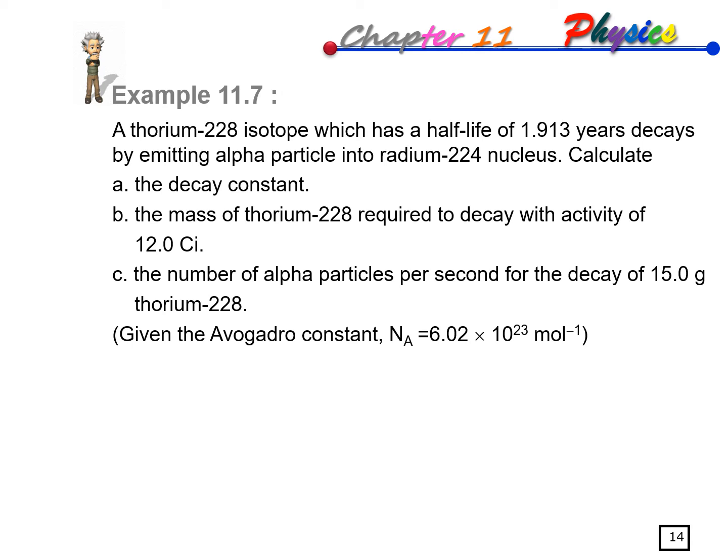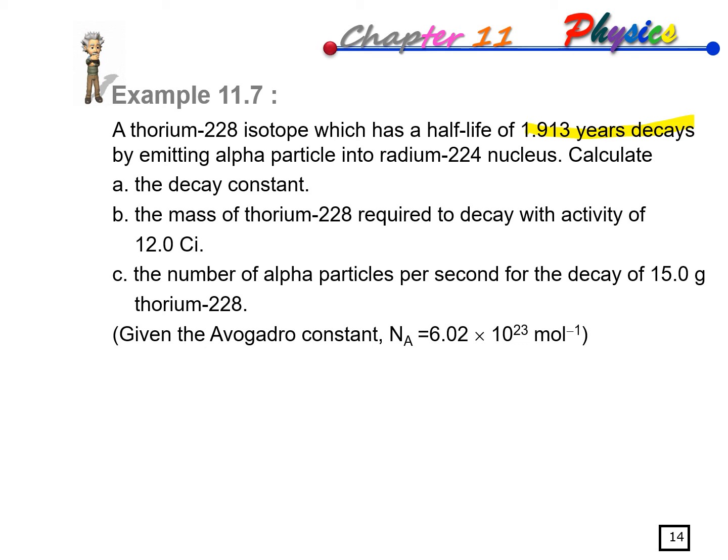Example 11.7. You have a thorium-228 isotope, which has a half-life of 1.913 years, and it decays by emitting an alpha particle into radium, becoming a radium-224 nucleus.